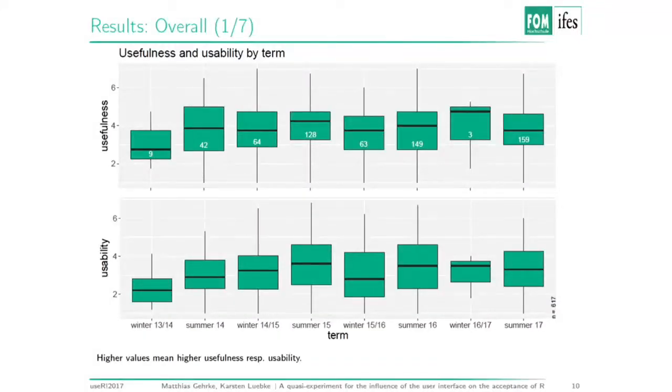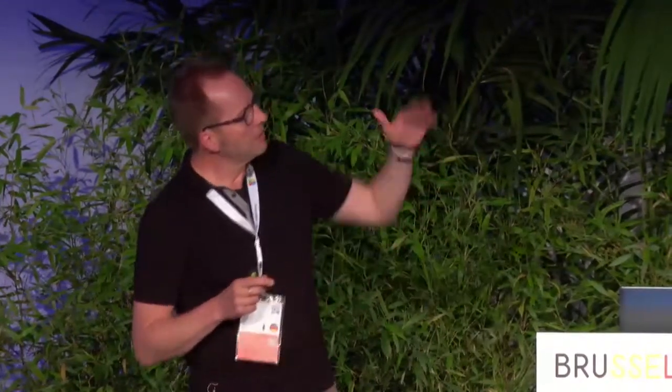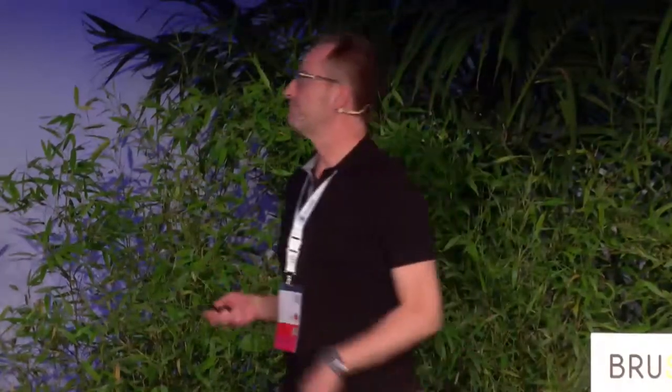Here are the results from the overall study, so beginning in 2013 up to now. So you see usefulness and usability varies a lot. It's almost around medium level, and both here a little bit lower. Usability is a little bit lower or below medium level, but there's not a strong tendency to see.